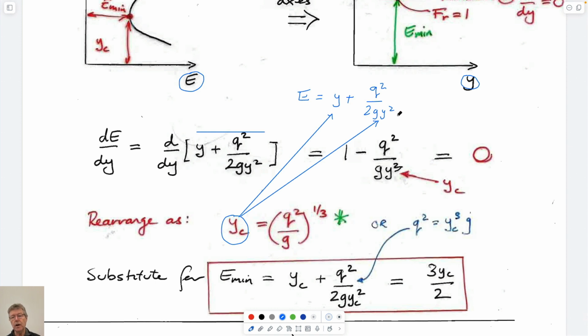It's just putting y sub c in here, that's all. It turns out to be 3 over 2 times y sub c. So that's a standard result. No need to derive.